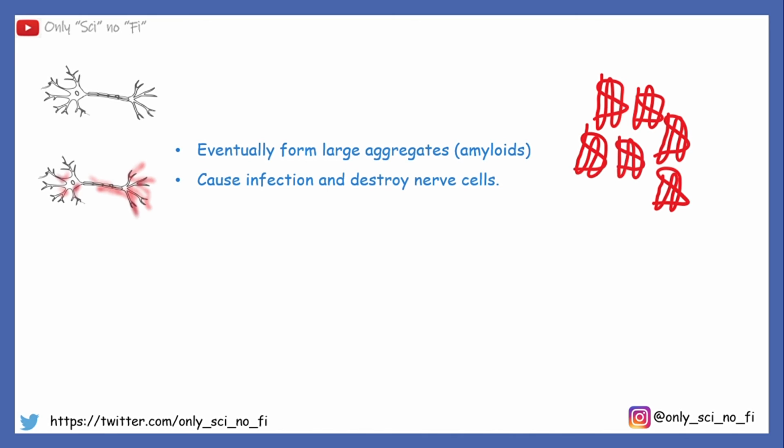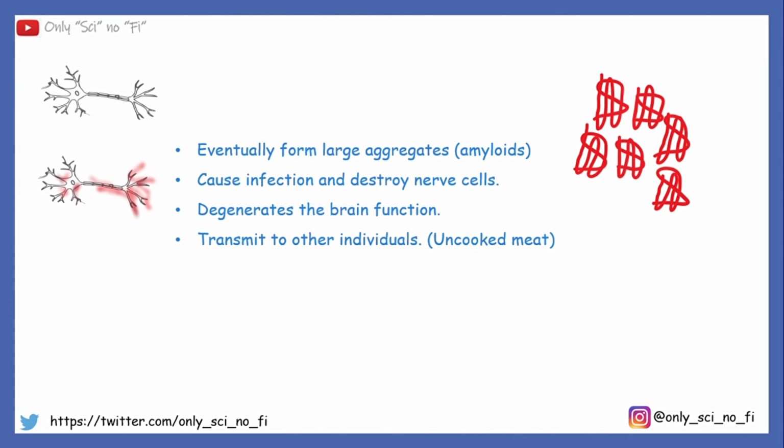These proteins are not refolded back. They escape the mechanisms involved in refolding or degradation, and therefore, via a series of steps, eventually cause destruction of nerve cells and cause this infection. This overall destruction of the neurons and infection degenerates the brain function.